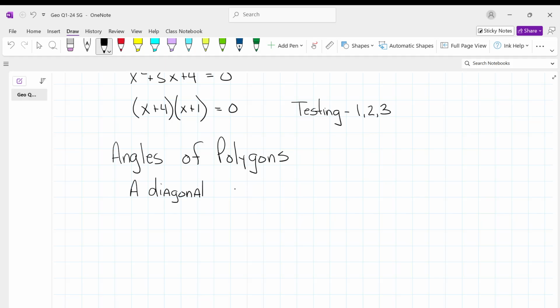A diagonal of a polygon is a segment that connects any two non-consecutive vertices.